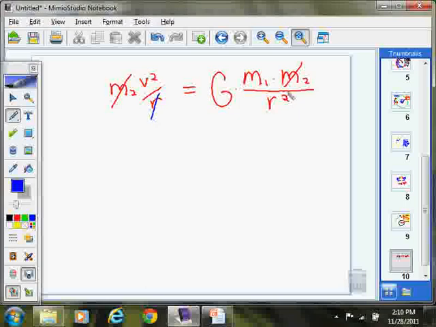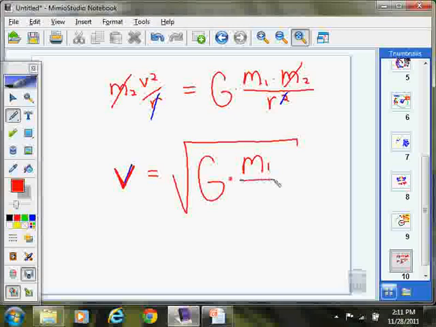That's going to cross out one of these R's over there. So that tangential velocity is going to equal the square root of big G times M1 all over R.